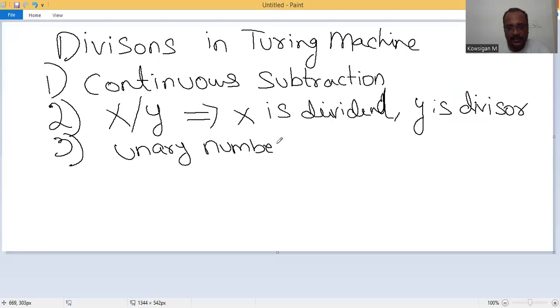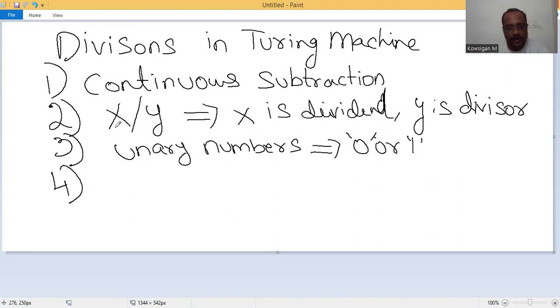Unary numbers in the sense they have to be represented with either 0s or 1s. So we can represent x divided by y in this format with an example.